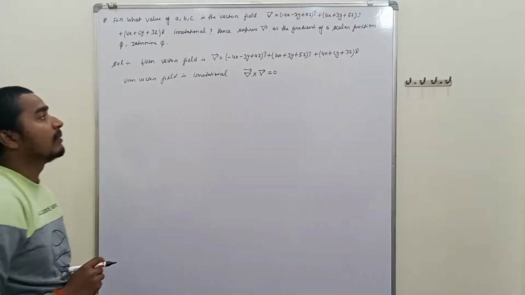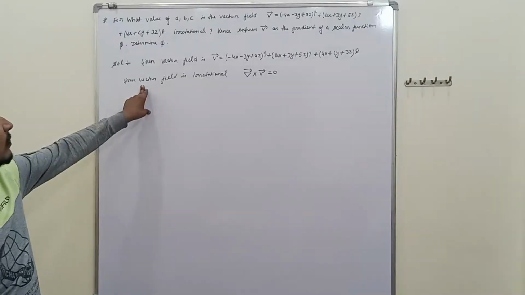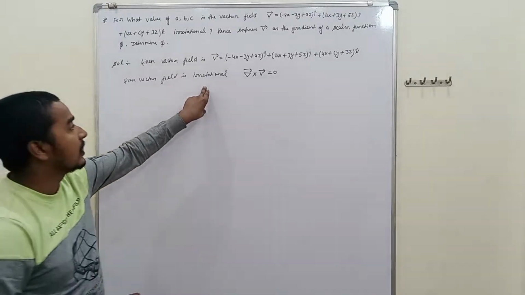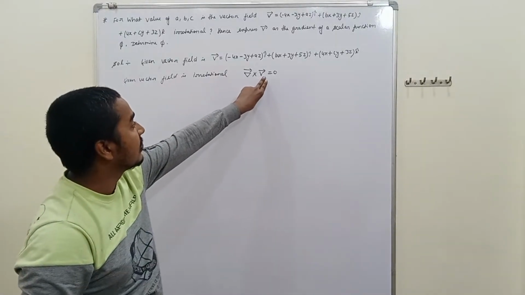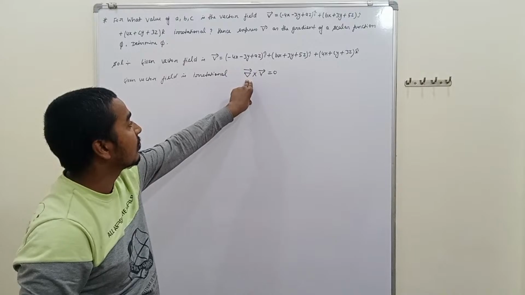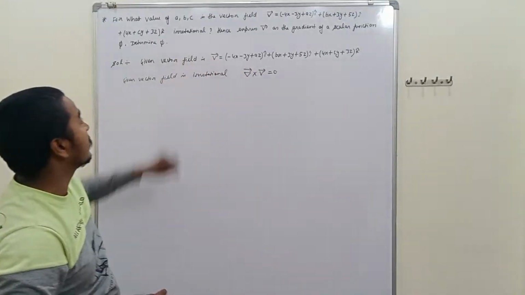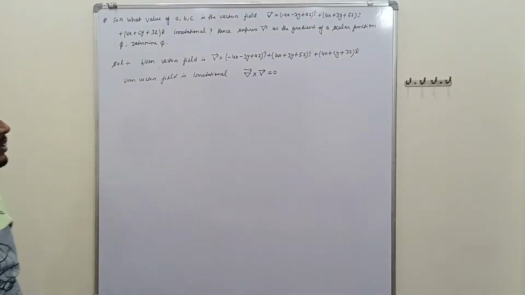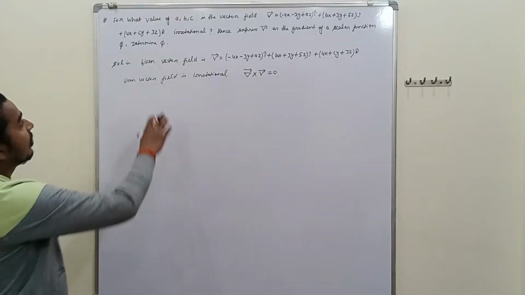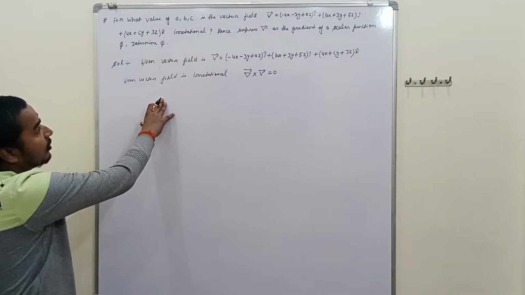That is, the curl of the vector field V is equal to 0, and the question already says that the given vector is irrotational.